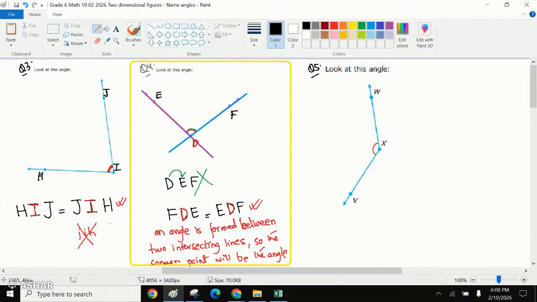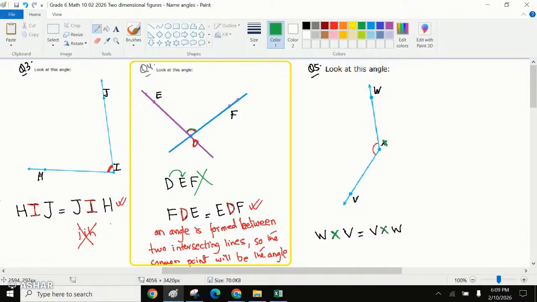So in this case, what we say is we have a W, X is the common, and V. So we can say W, X, V can be the correct answer, or V, X, W. They both would be perfectly correct because they're meeting the requirement that the X has to be in the middle.